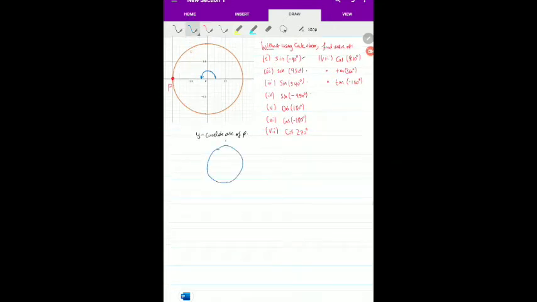Again, I know I'm belaboring the point, but this is important. If this is the angle theta and this is the point P, then this distance right here is 1 times cos theta. So the x-coordinate of P gives you the cosine of the angle. Well, we have to walk 1 to the left, and so cosine of 180 degrees is equal to -1.